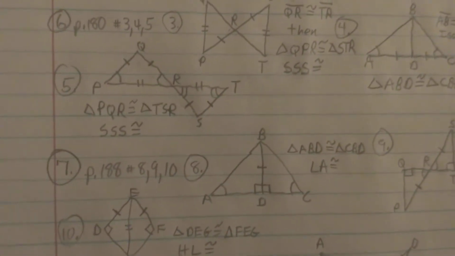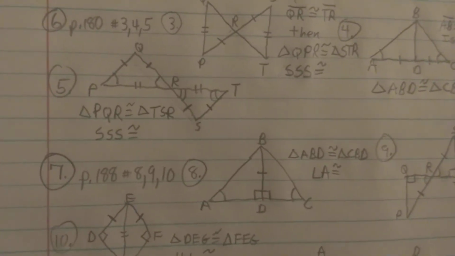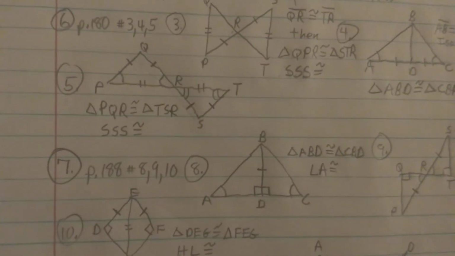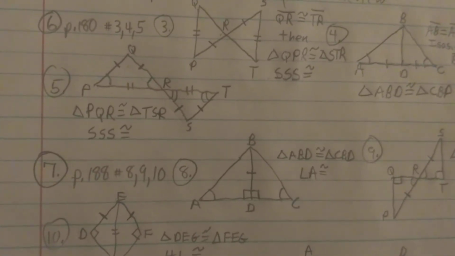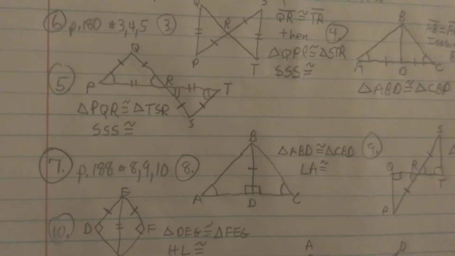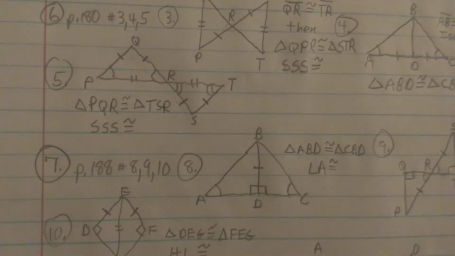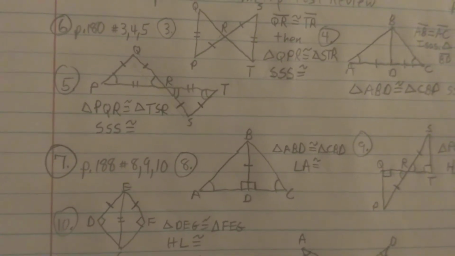And for 5, angles P and R are congruent, so PQ and QR are congruent. And vertical angles PRQ and TRS are congruent, but also angles R and T are congruent, so RS and TS are congruent, and R is given as the midpoint of PT.